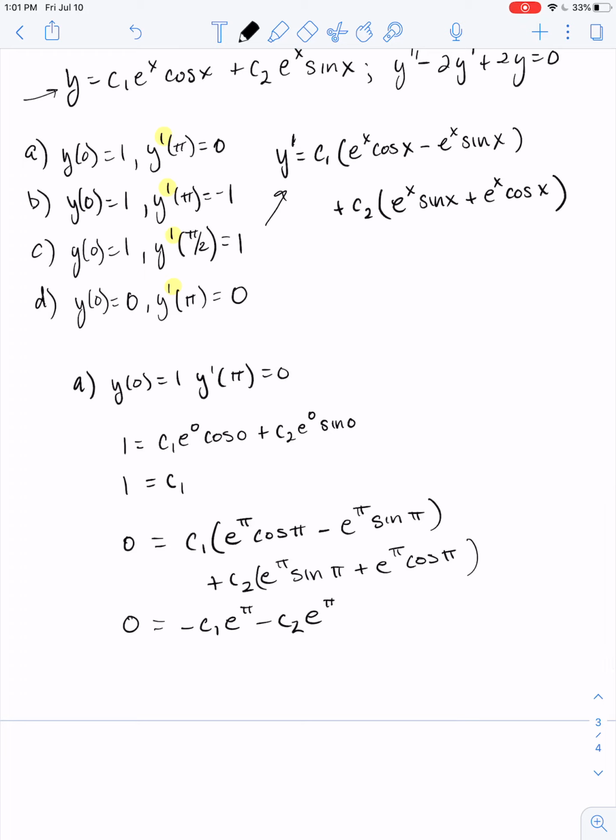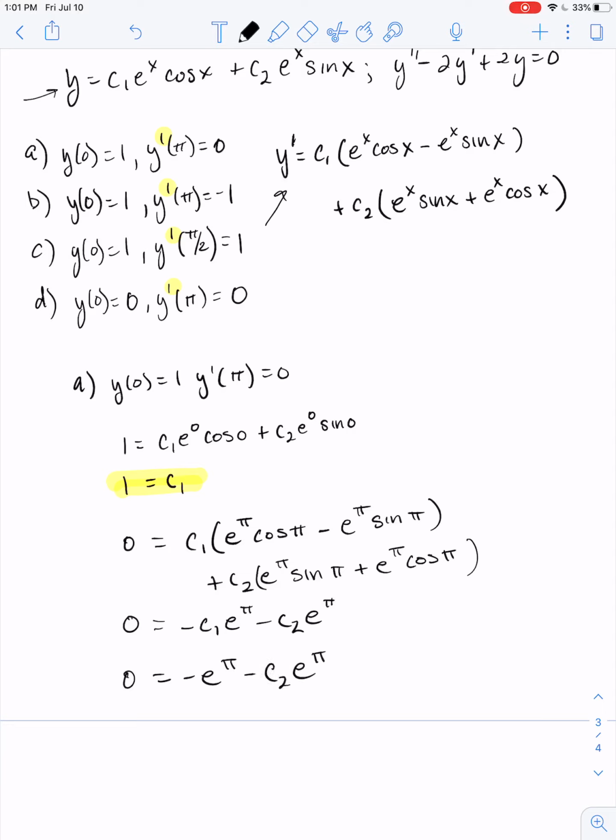Well, if you notice, we already have that 1 is equal to C1. And if I plug that back in, then I'll get 0 equals negative e to the pi minus C2 e to the pi.